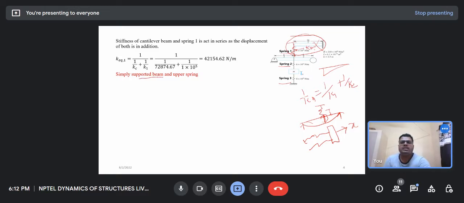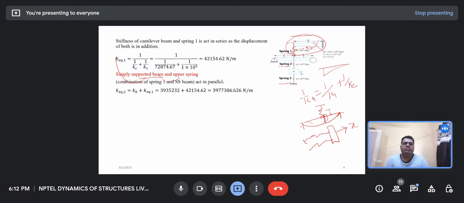The upper spring here is this k equivalent 1, and the simply supported beam, both springs are in parallel. So for the parallel combination, what is the stiffness of the system? Kb plus k equivalent 1. So you can calculate k equivalent 2. After this calculation, we can also remove the simply supported beam.